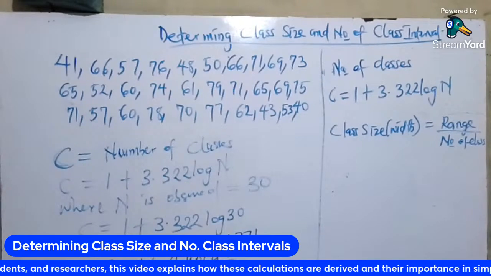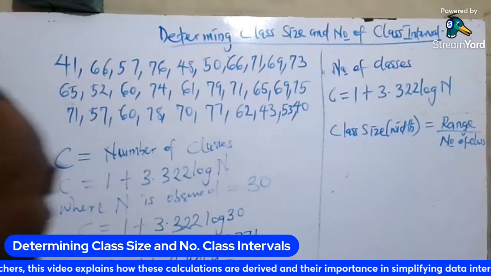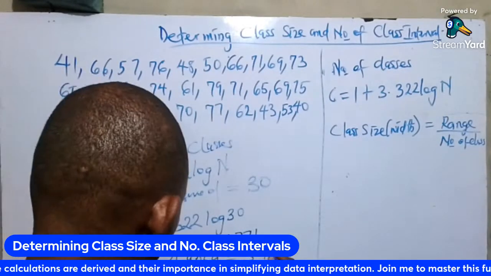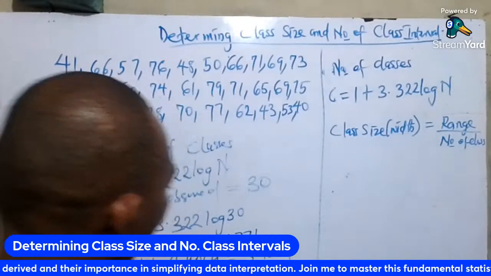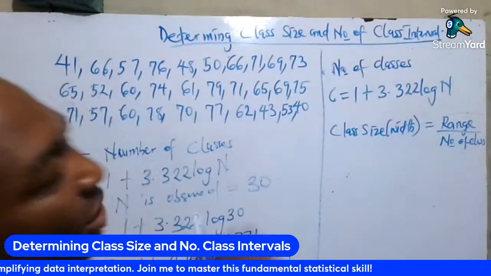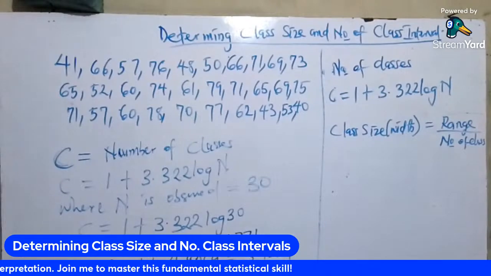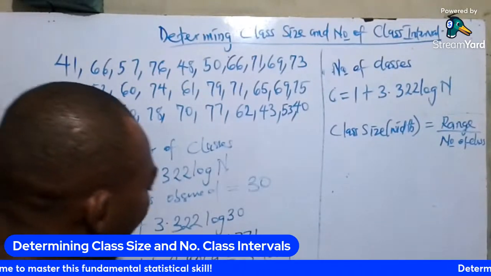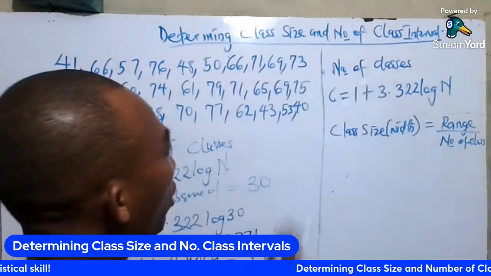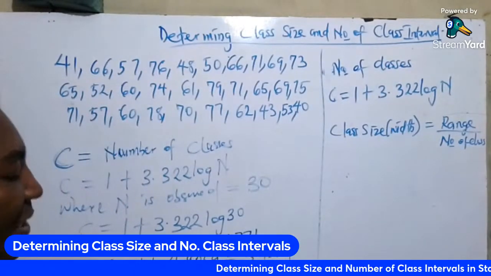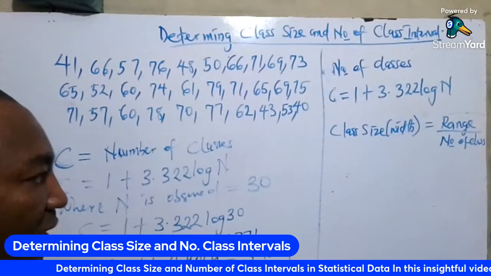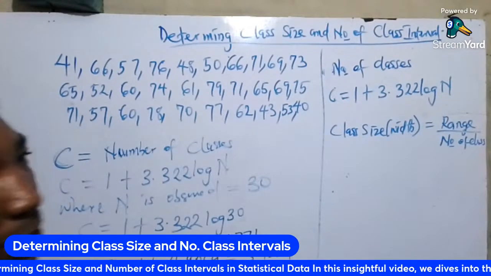Then plus 1, that will give me 5.9069. You approximate it to the nearest whole number. That is the rule. To the nearest whole number, this is 6. So the number of classes I'm going to have must be 6.